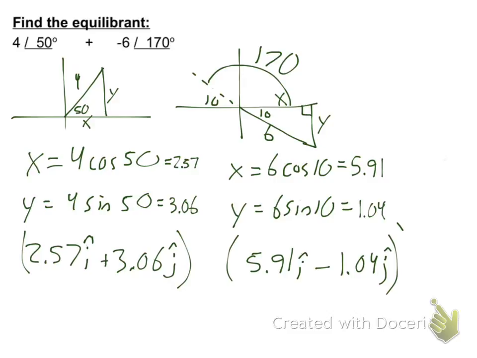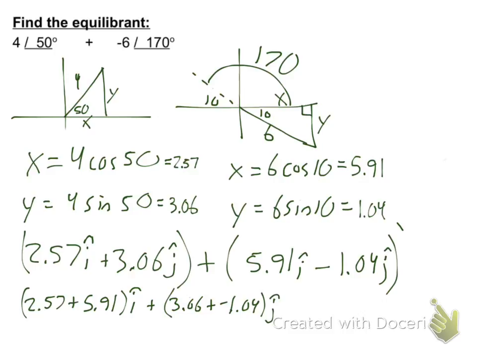Now, it says that I'm supposed to add these together, so I'm going to use the exact same steps as before, adding the i's together, adding the j's together. So 2.57 plus 5.91, that'd be my i hats, plus 3.06 plus a negative 1.04, that'd be my j hats.